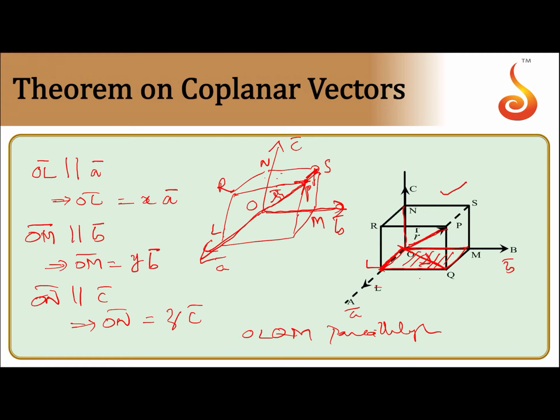That is, the OQ vector is the sum of OL and OM. So OQ equals OL plus OM, which is XA bar plus YB bar.